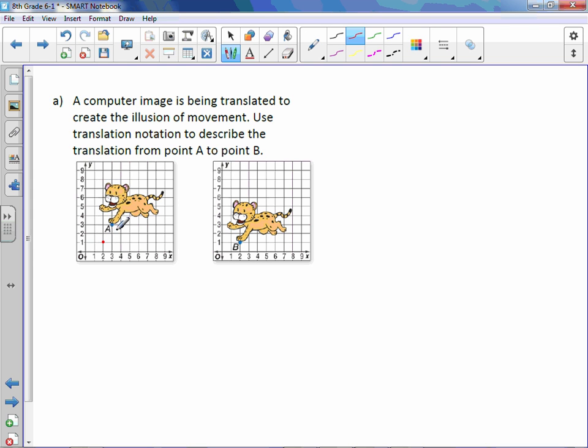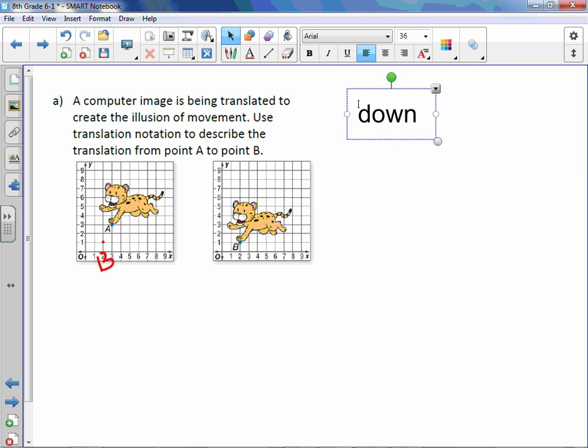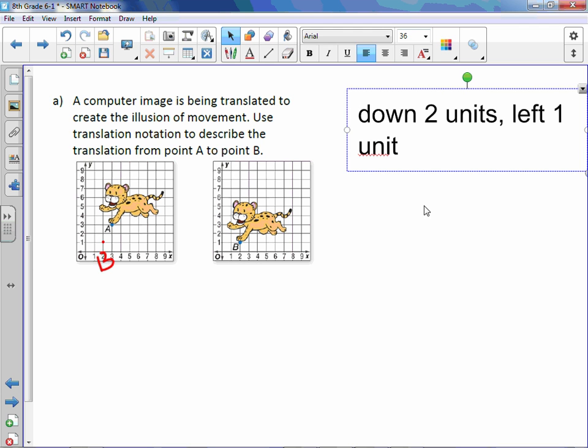So this is technically point B. So I went down 2, left 1. Again, to get from A to B, down 2, left 1. Let's jot that down. We went down 2 units, left 1 unit.